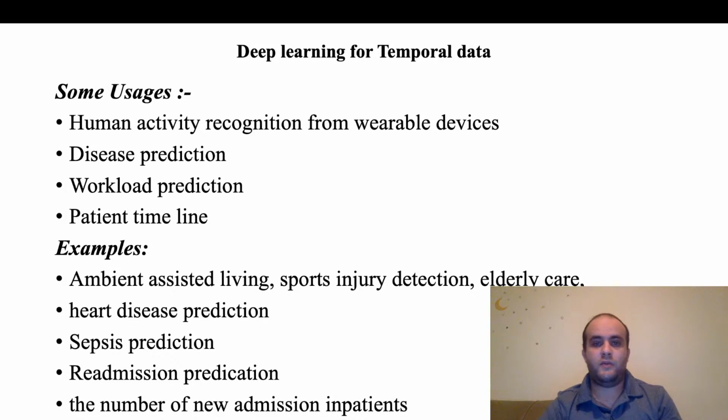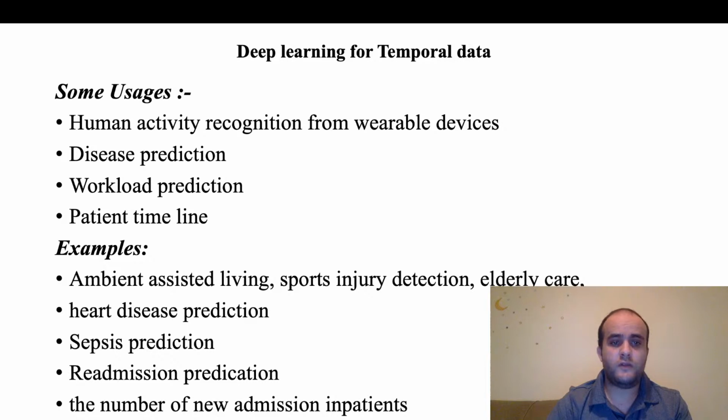The third type of data is temporal data. This comes from devices, and it can be used for human activity recognition, and also for disease prediction. If you have a timeline and you follow that timeline, the symptoms of a disease can be predicted at an early stage.